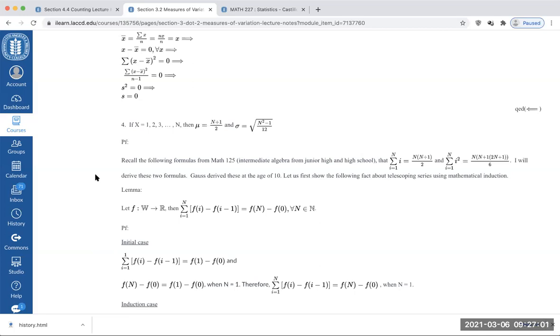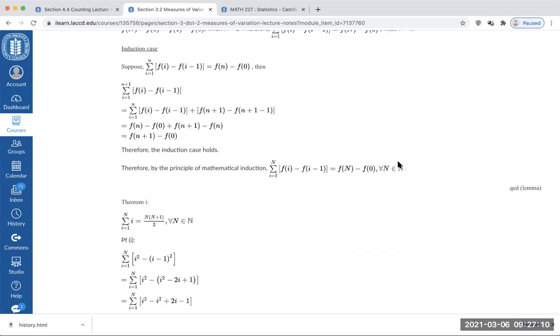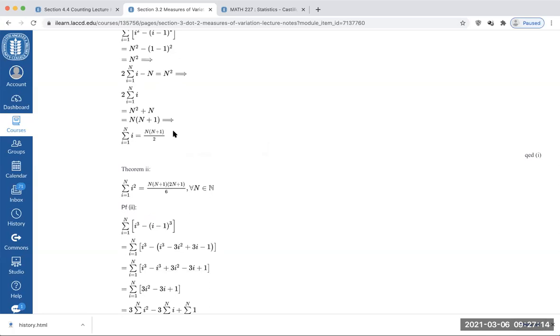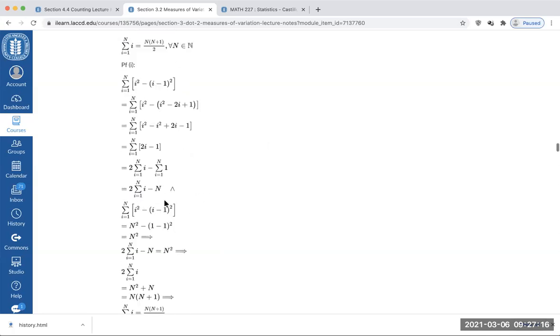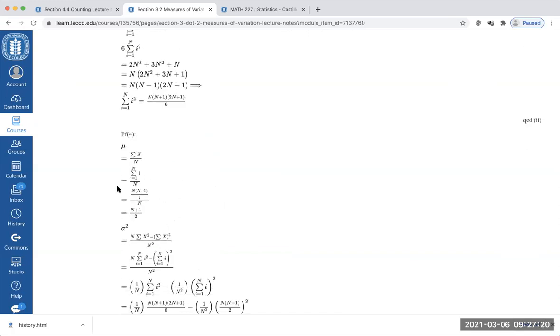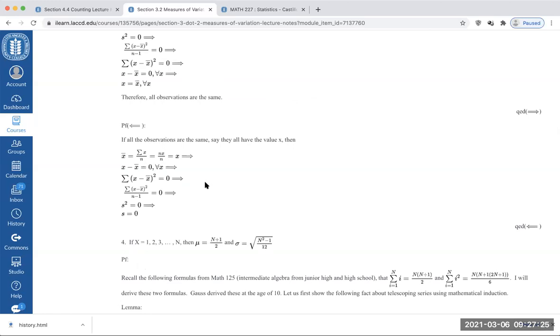So let's recall some formulas. Oh, I still had it written this way. I don't like it written this way. Why did I write it this way? At the end, I should have written it some other way. Okay, so let's recall.